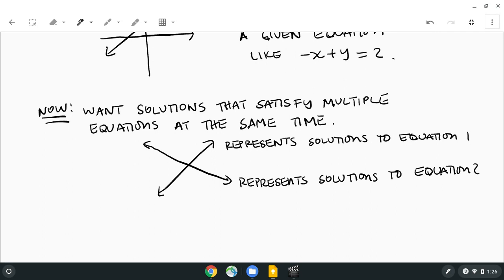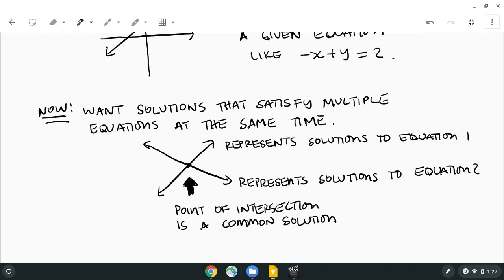Okay, so right over here, that point, this point of intersection is a common solution to both equations.